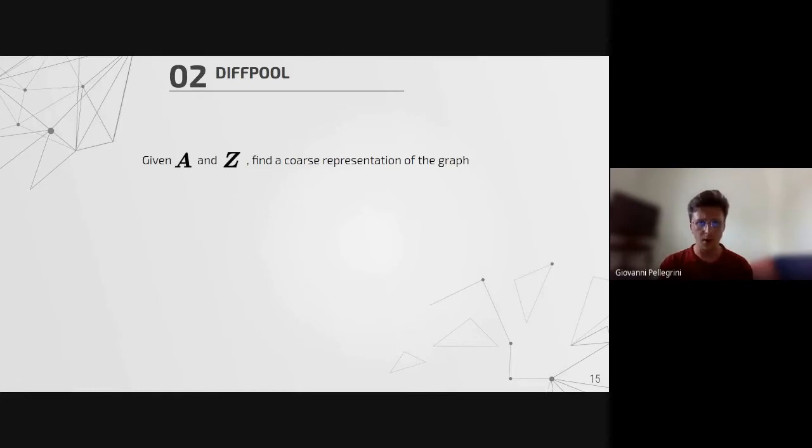Okay, so at each step of this hierarchical pooling, what we want to obtain is a coarse representation of the previous graph. So basically, given the adjacency matrix and the node features of the graph, how do we cluster together the nodes of this graph?